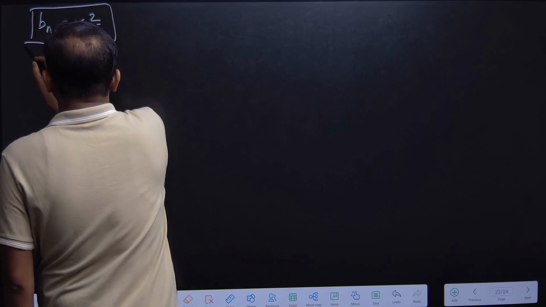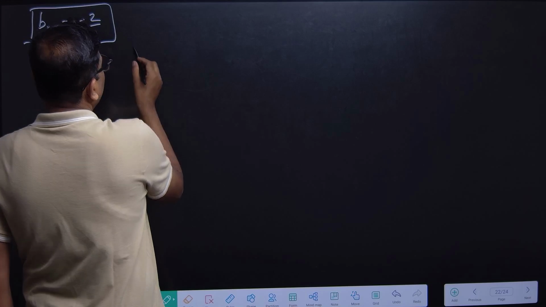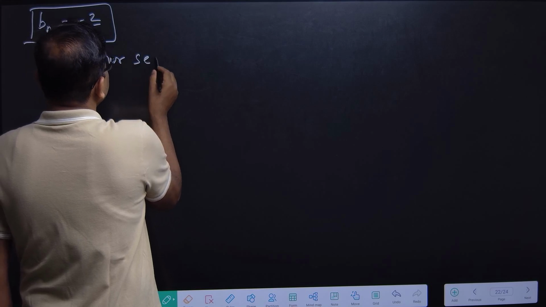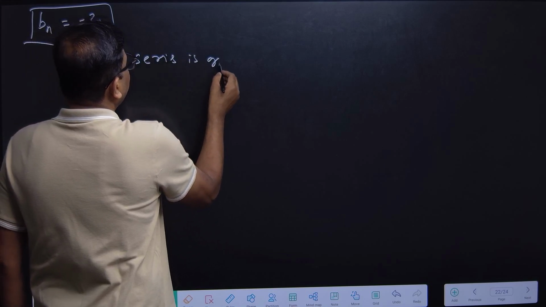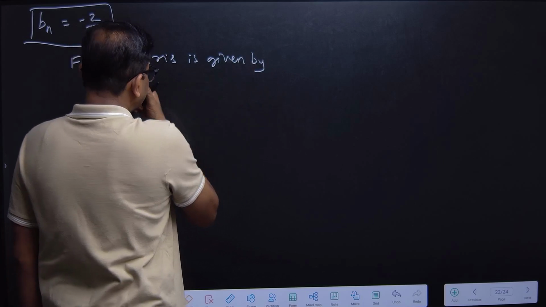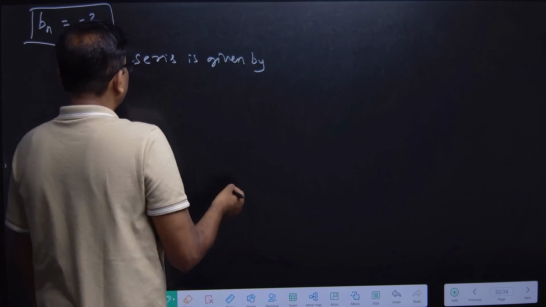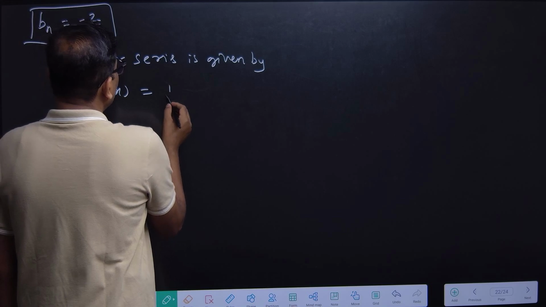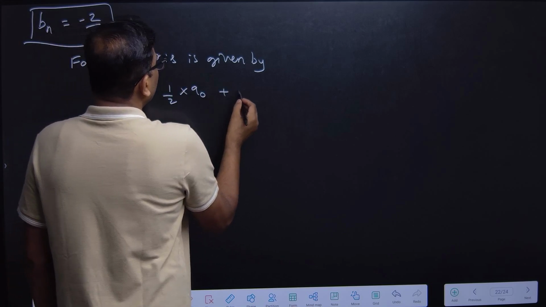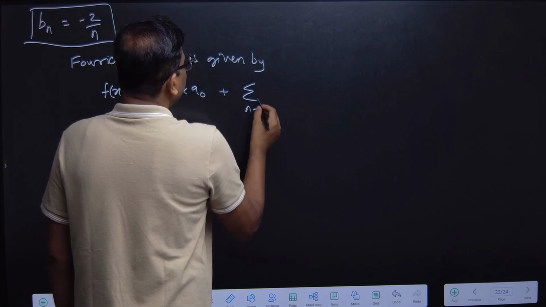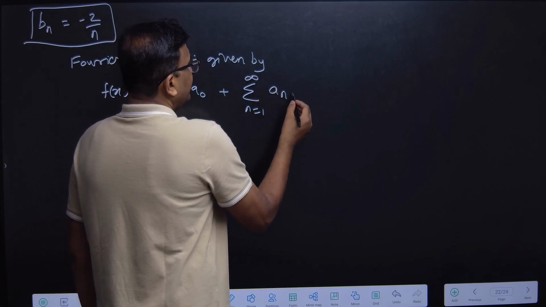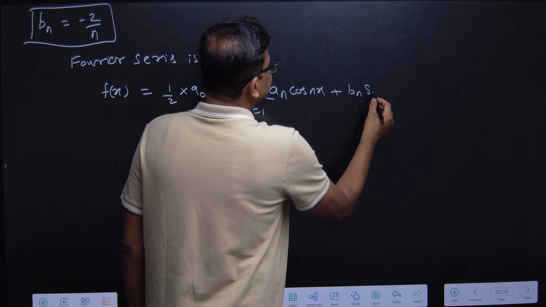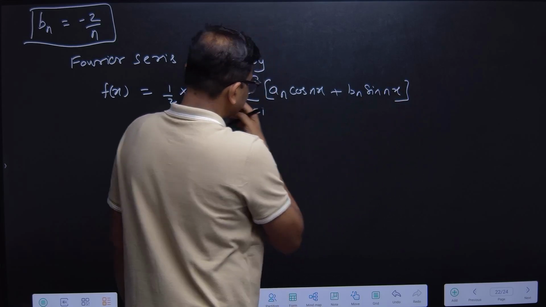And yes, we know the formula for Fourier series. Fourier series or Fourier expansion is given by, so see, Fourier series for a function f of x in the interval 0 to 2 pi is given by f of x is equal to 1 upon 2 into a0 plus summation n is 1 to infinity an cos of nx plus bn sine of nx.